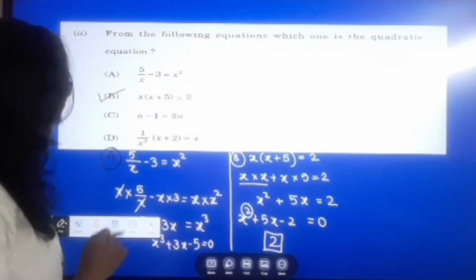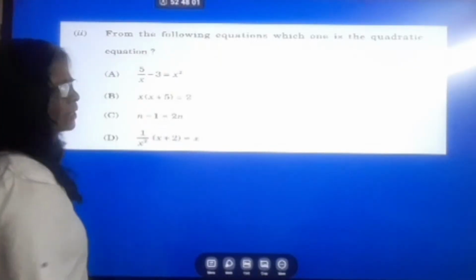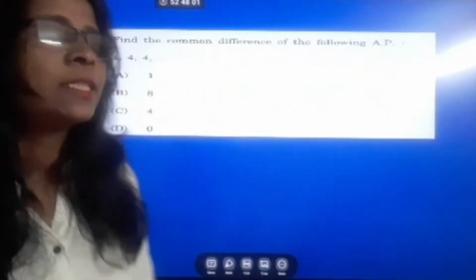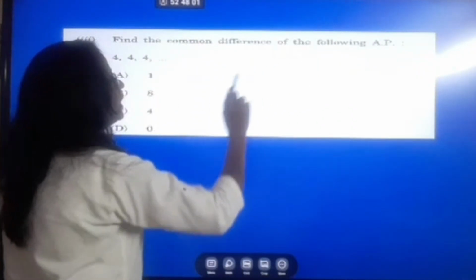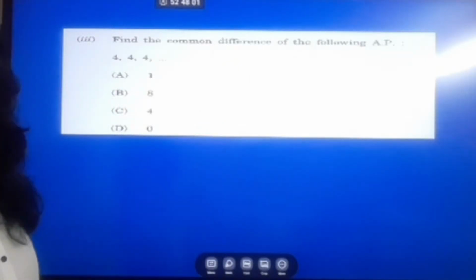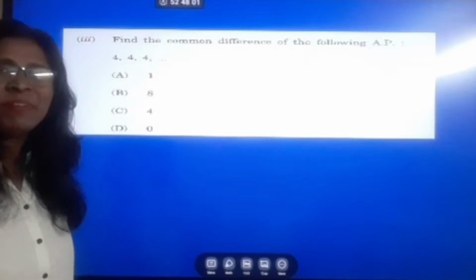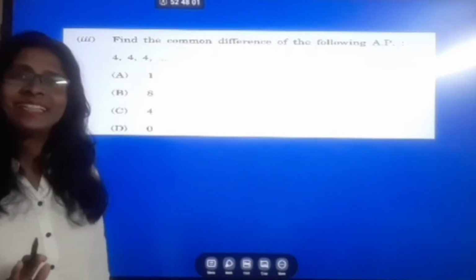Then come to the next example, students. Find the common difference of the following AP: 4, 4, 4. There is an AP and each and every term has the same value, that is 4.